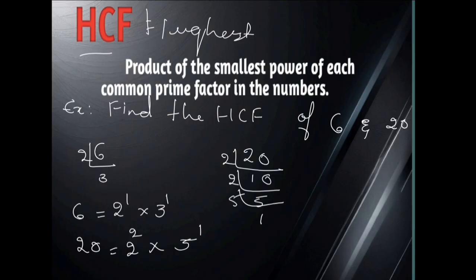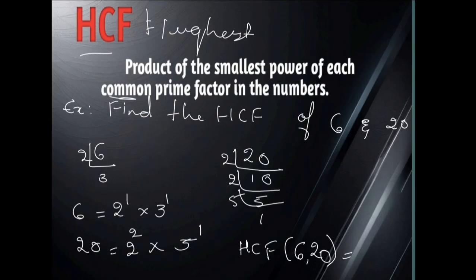The statement says the product of the smallest power of each common prime factor in the numbers. Now let us see the HCF of 6 comma 20. Firstly we have to write the common number.